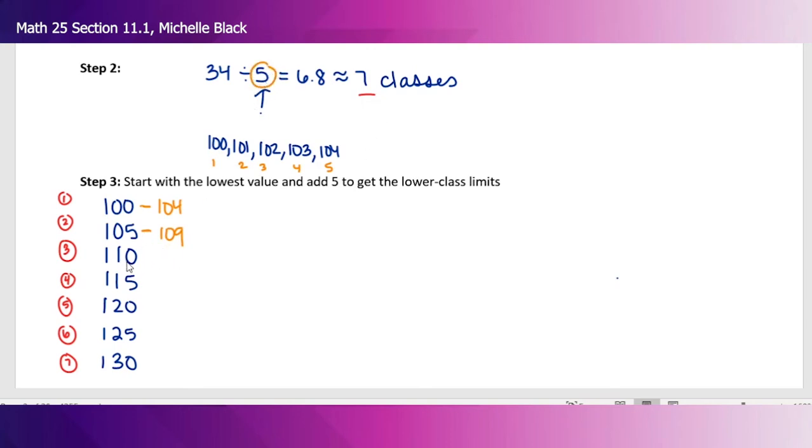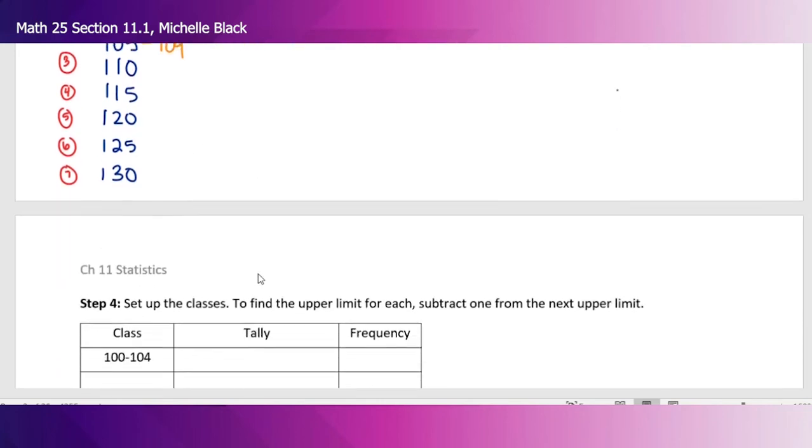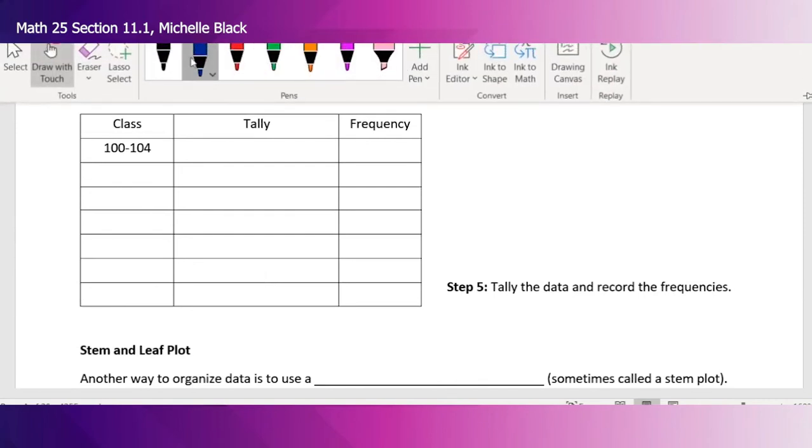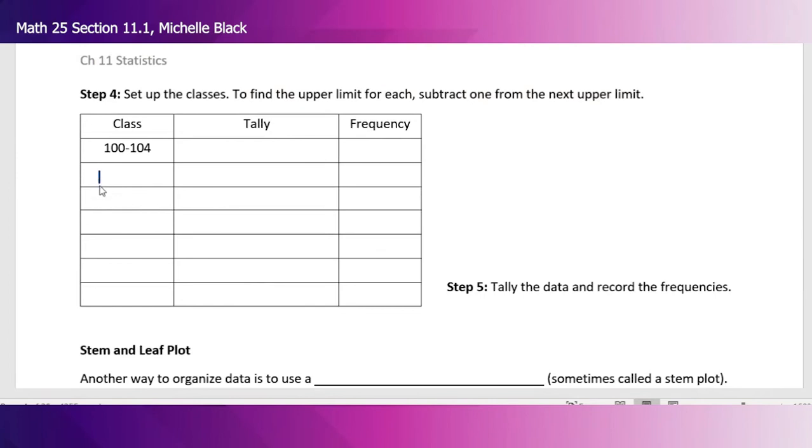Then my next class would start at 110, and I would continue, which is actually what we have for step 4. So set up the classes to find the upper limits. So just take a second to fill out all of the classes that we were writing before.